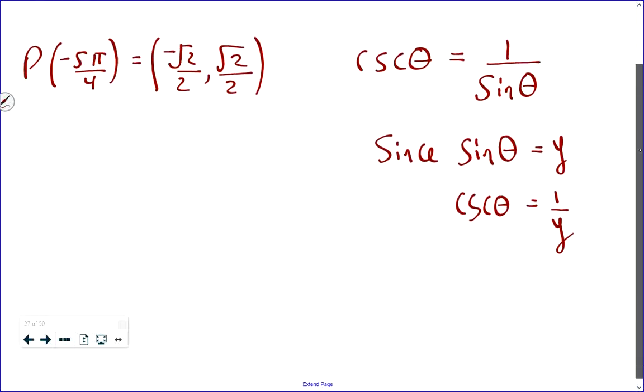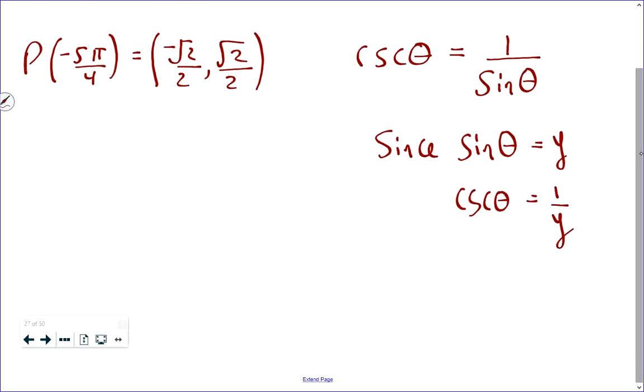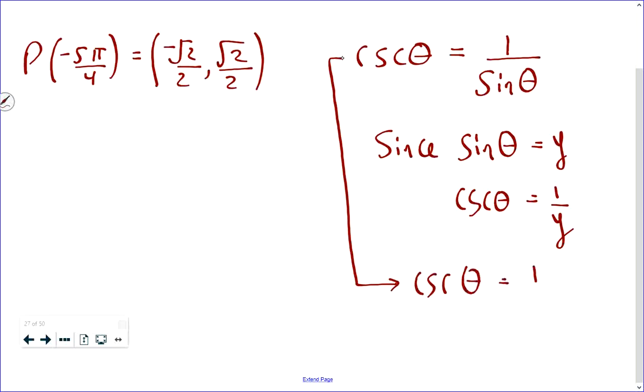I'm going to show you a second method, and I just told you don't do this, but you might want to. You might be a very linear thinker. What that means is you need a series of steps that you have to follow to solve this problem. So you go to your formula sheet, you get that formula, and then you say cosecant of theta equals 1 over sine of theta, but sine of theta is y. And I hope everybody is basically understanding we're doing the same thing, but just the thought process is a little different.